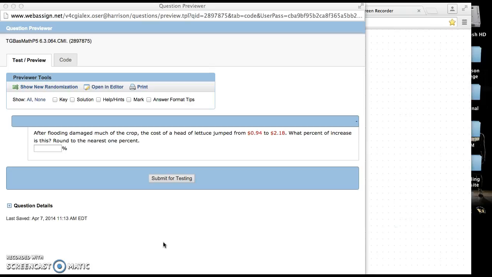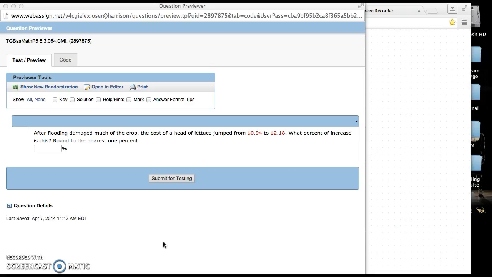So I just want to turn your guys' attention to our book, and specifically in chapter 6.3, there are many different applications of percents throughout that section, and one of them is finding a percent increase or decrease. If you go to page 542, in the very middle of the page in a green box, you will see a step-by-step process on how to find an increase or decrease.